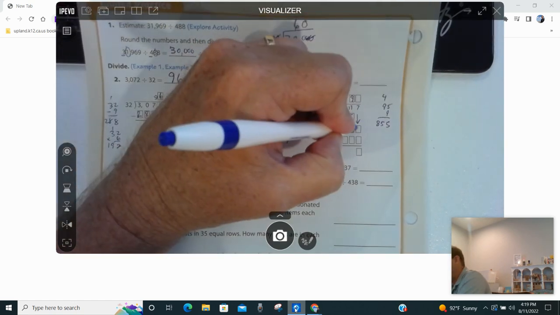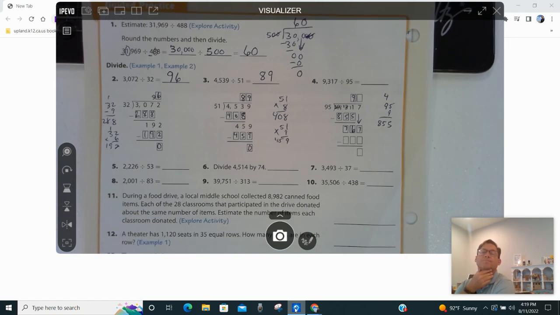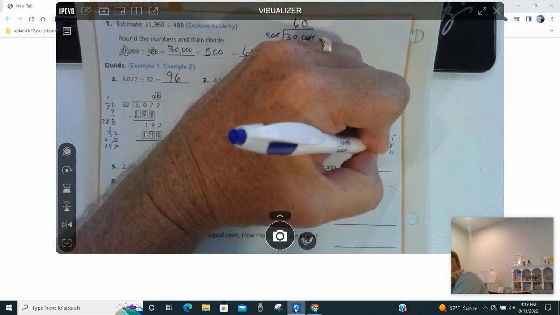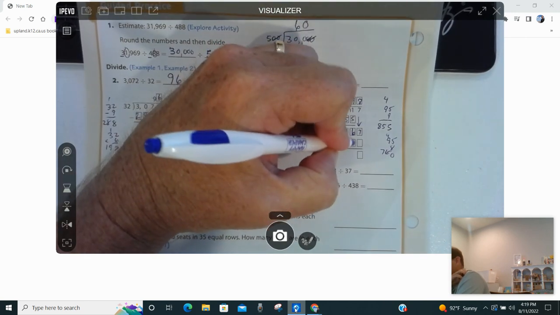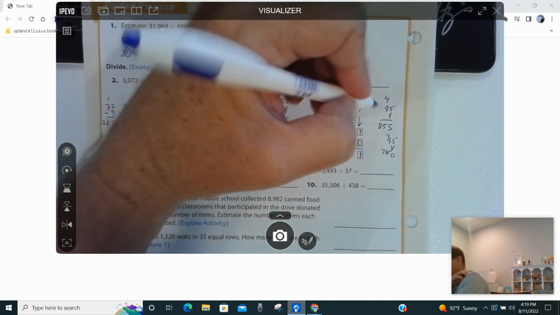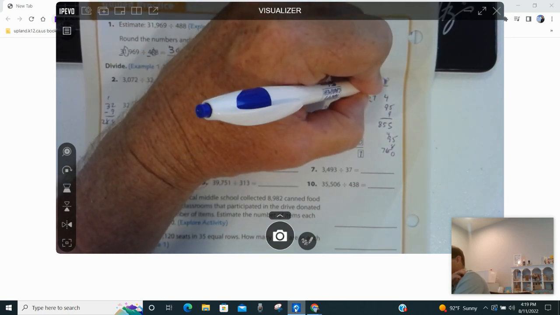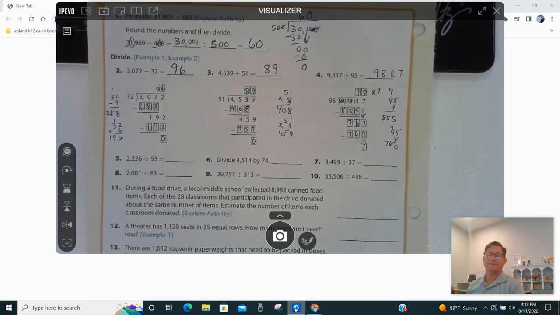Bring down the 7. So 767 divided by 95. Maybe 8. 760. Yep. So number 4, 98, remainder 7.